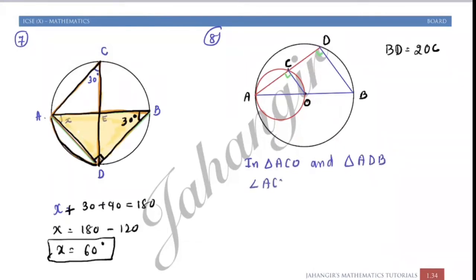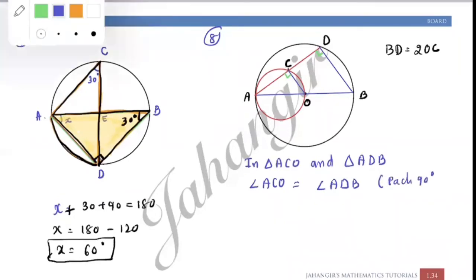Angle ACO is equal to angle ADB. Test for similarity is angle, side, and side. This is each 90 degrees. We have one more angle which can be written as a common angle.